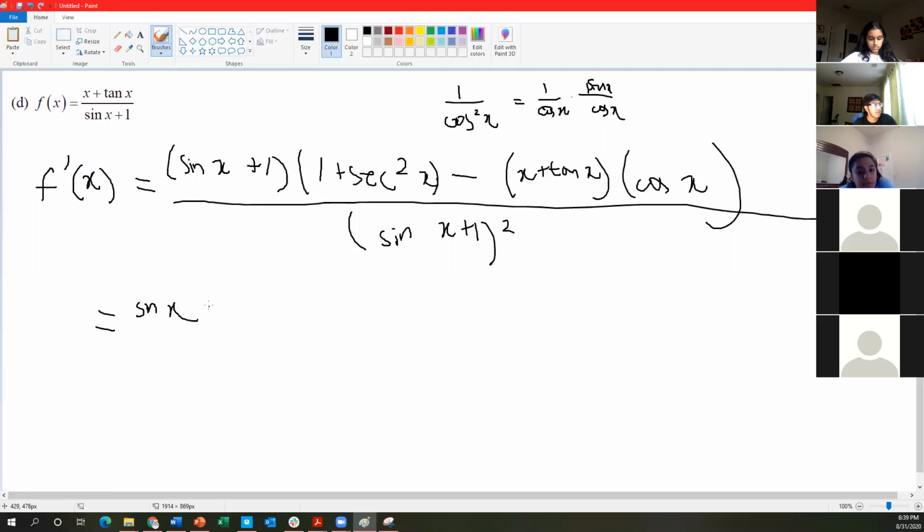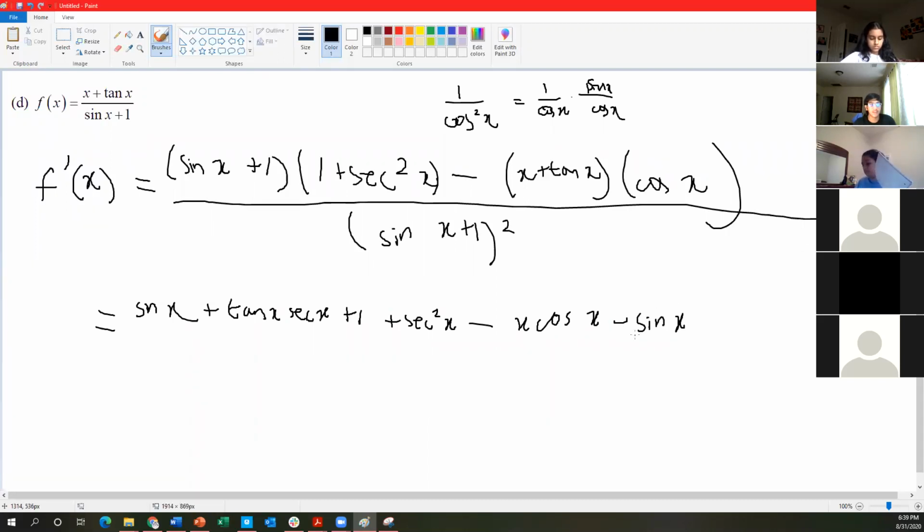Sine x plus tan x, and then that'll still be sec x, tan x, sec x, plus 1 plus sec squared x, minus x cos x, minus tan x cos x, but tan x is sine over cos, so cos and cos cancel, and this becomes sine x. I know I did this real quickly in my head.